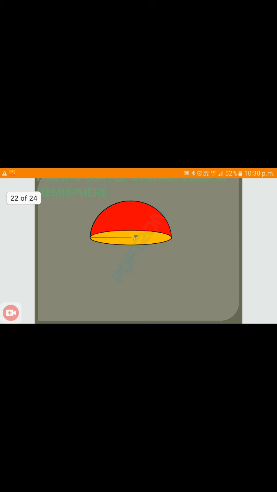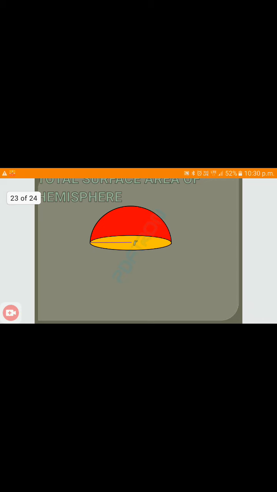So hemisphere's curved surface area is half of the area of sphere, that is 2 pi r square. And the total surface area of a hemisphere, we will add the area of a circle which comes in the base. The total area will be 3 pi r square. So that's all for this chapter introduction.